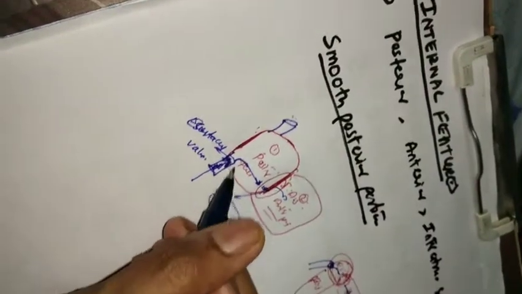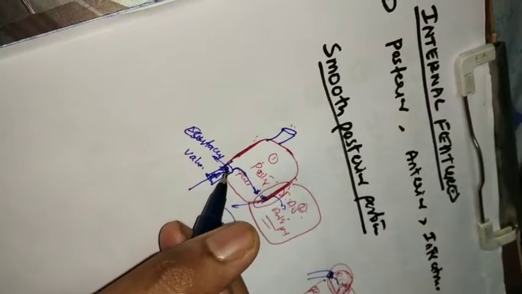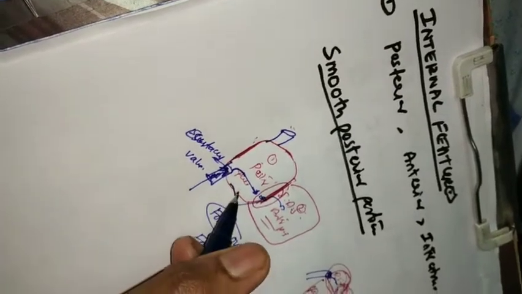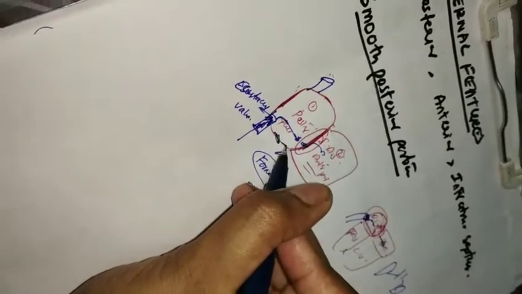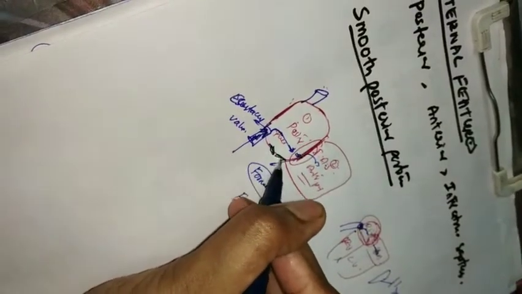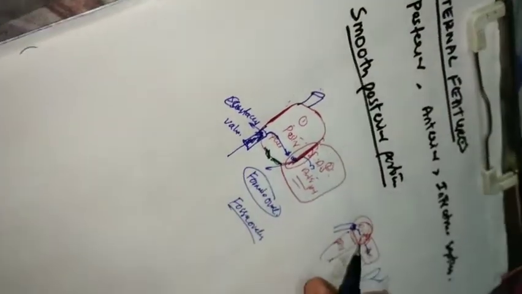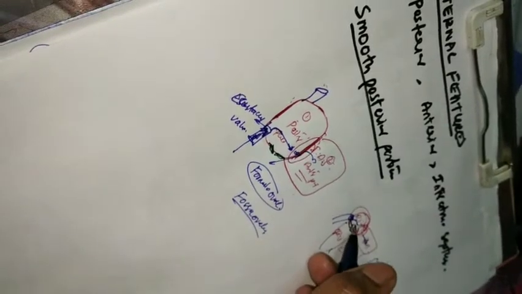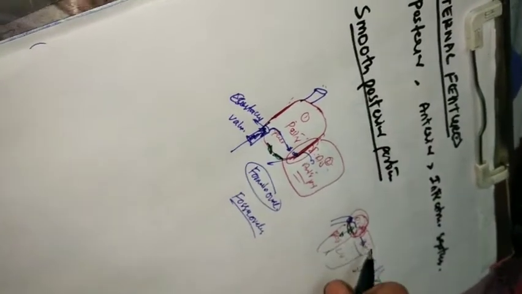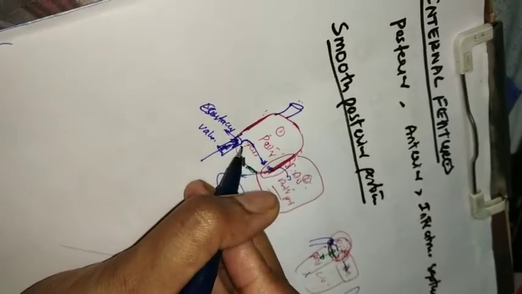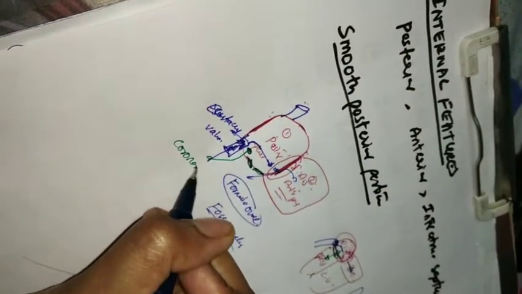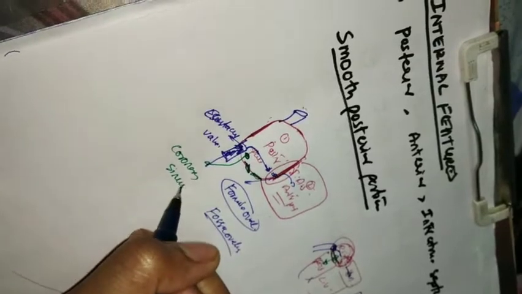Between the Eustachian valve and here you have the tricuspid orifice, through which the blood flows. At this point you have the coronary sinus.